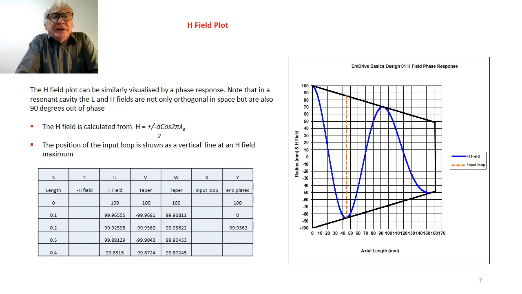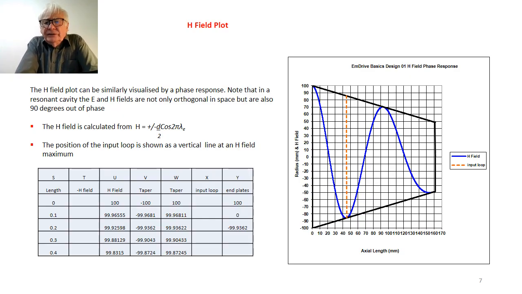So in this case, H equals plus or minus D over 2 cos 2 pi lambda E. And what you can see is that we are using D as the maximum value of this taper illustration.